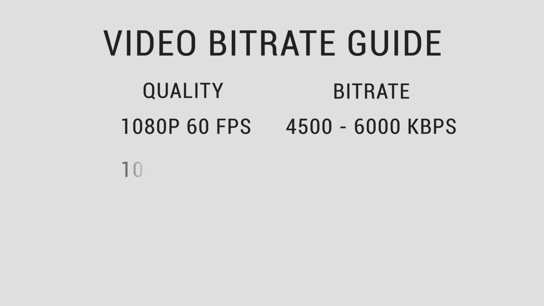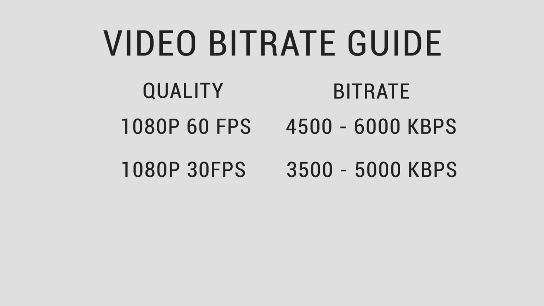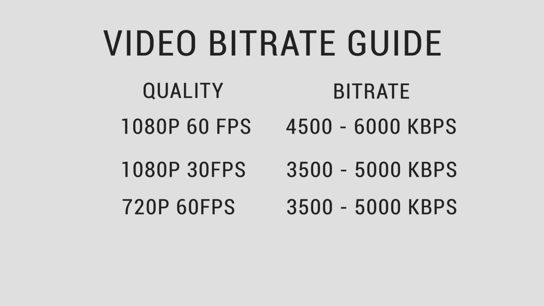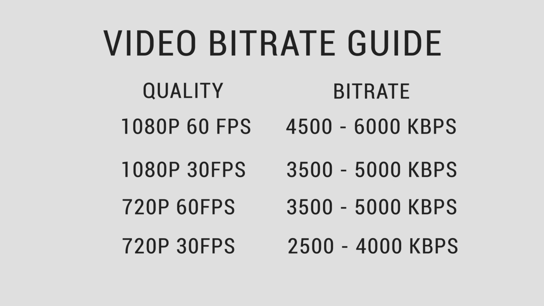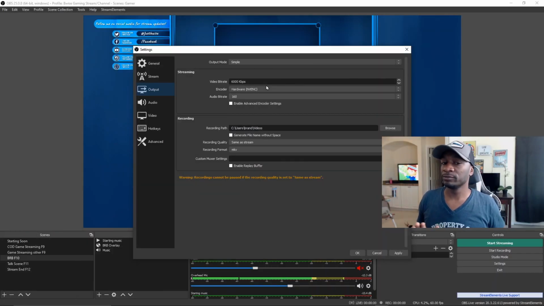If it's 1080p at 30 frames, it should be between 3,500 to 5,000. 720p, 60 frames, 3,500 to 5,000, very much the same as 1080p 30. And then finally 720p 30 frames, 2,500 to 4,000. Now, if you're doing more or less than that, I would research based off of the streaming platform that you're using to see what they suggest that you do.